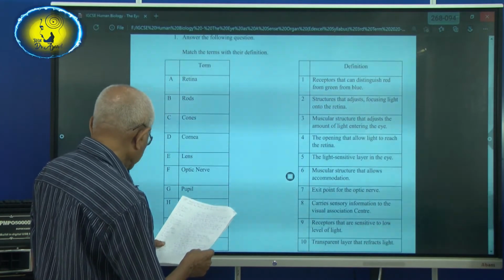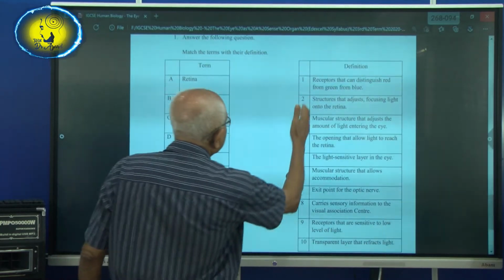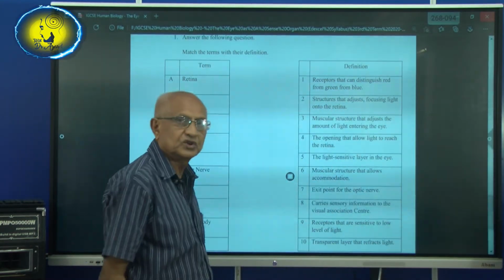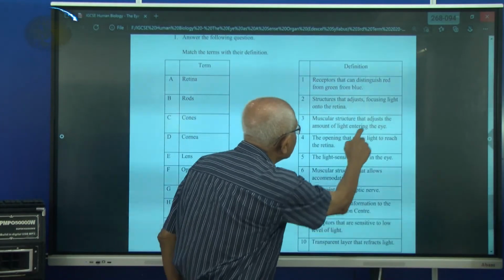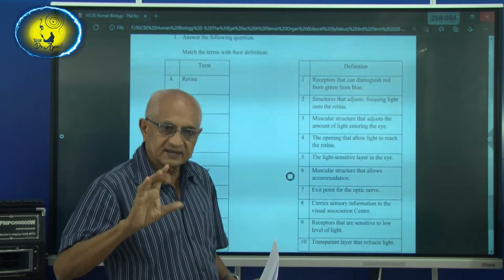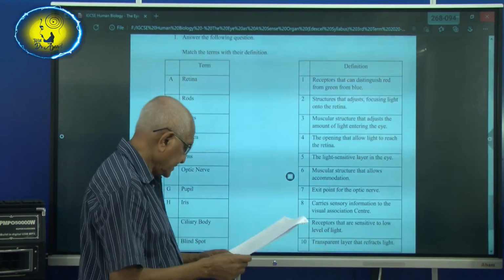Iris. Iris is H. What is the iris? We know the iris is a muscular structure that adjusts the amount of light entering the eye. The iris adjusts so that the correct amount of light enters the eye.